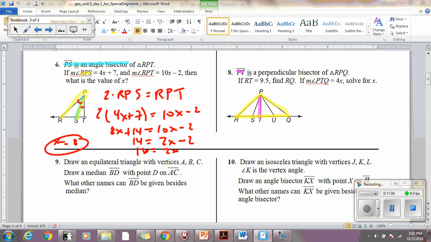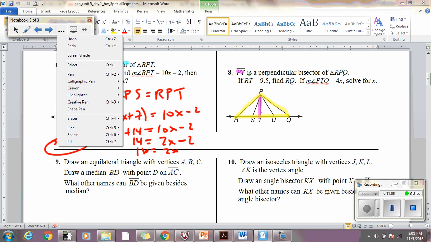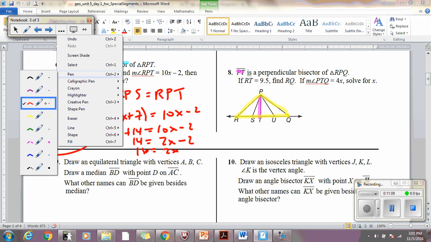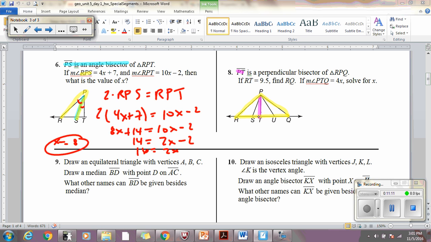Since it's a perpendicular bisector, we now know that T is a midpoint. It's the midpoint between R and Q. So this distance, RT, equals this distance, TQ. We also know there's going to be a right angle right here.